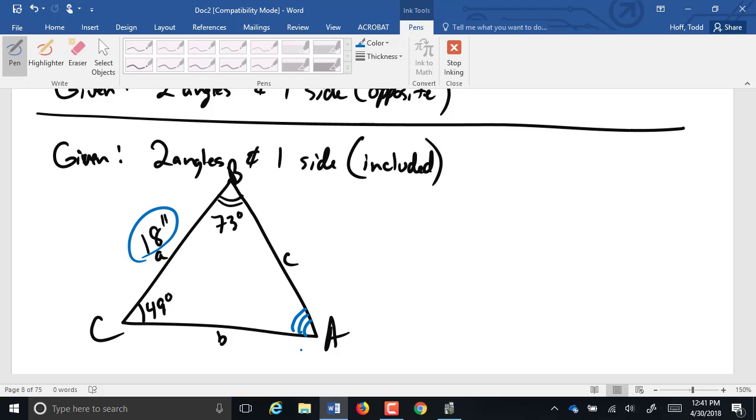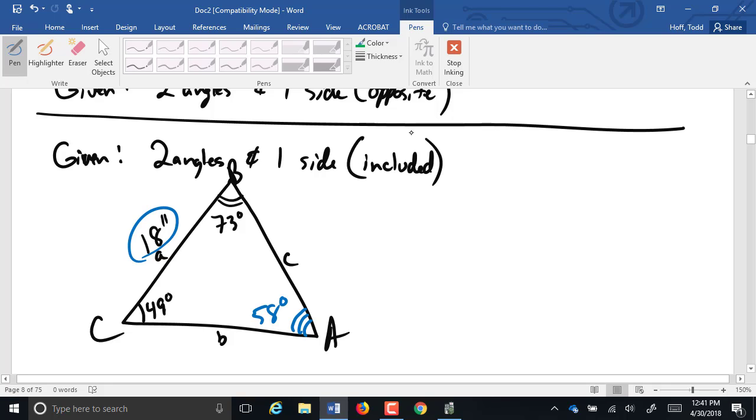What does that give me? 58? Oh, right, it is 58. Never mind. 58 degrees is correct. So then I can go ahead and set up my proportion.